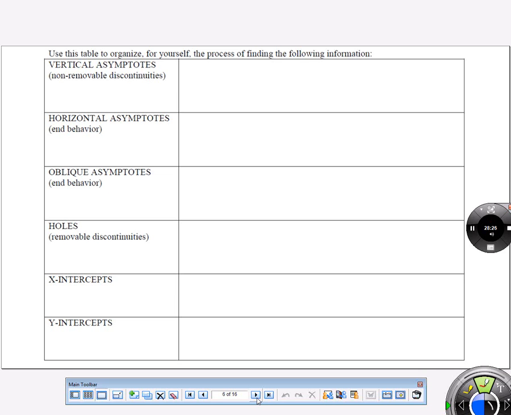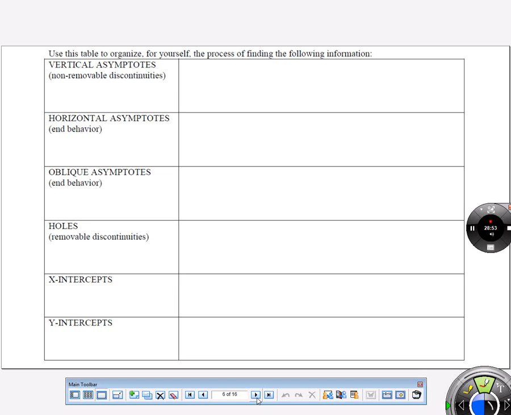So we want to be able to identify those main things that make the graph different, and then we'll learn little tricks about how we can quickly draw the branches where they go without actually plugging in a lot of points, okay? So these are all the things we want to be able to find. Vertical asymptotes, horizontal asymptotes, oblique asymptotes, holes, x-intercepts, and y-intercepts, okay?